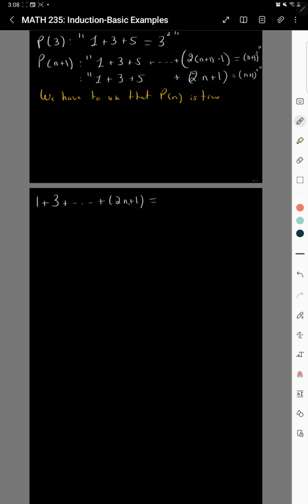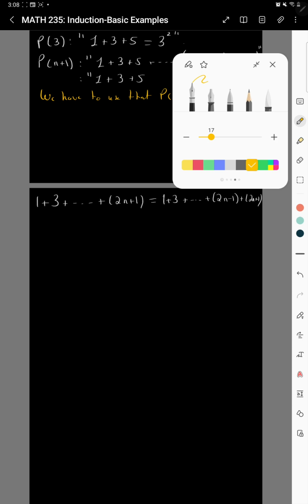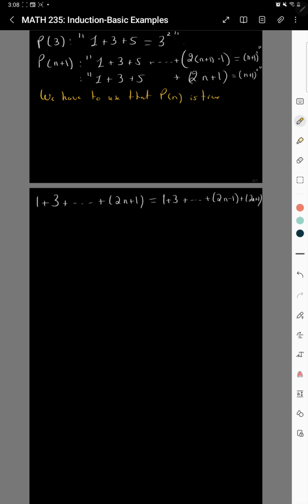Now notice the odd number before 2n plus 1 is 2n minus 1. Here, I can make use of the fact that Pn is true. So what is this equal to?